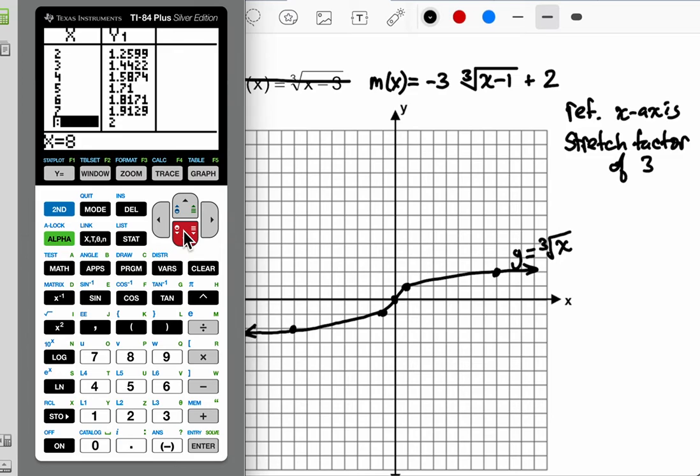And I got an h value of 1, k value of 2, so shift right 1 up 2. I always take care of reflections first, then the stretch, and then any kind of shifting.